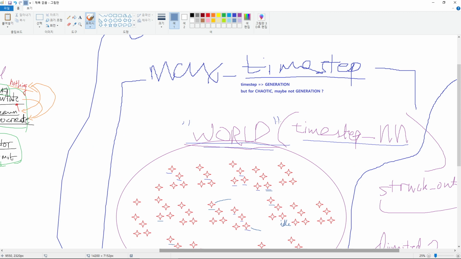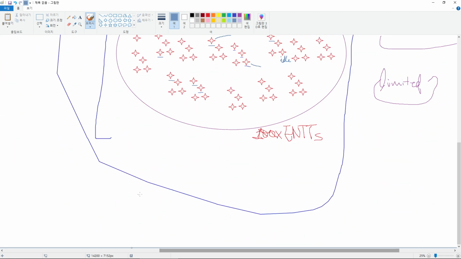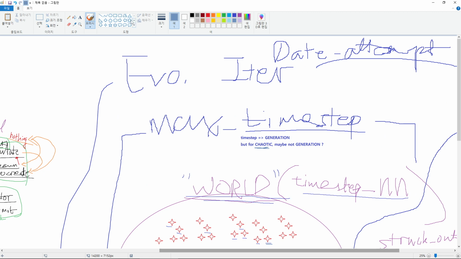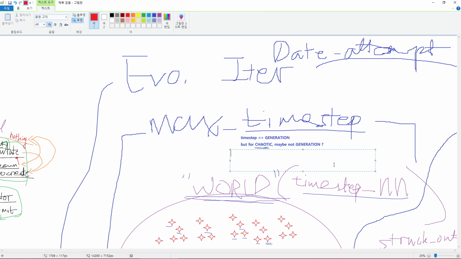I feel that I need to change the word when I'm doing the chaotic genetic algorithm. Replace the word generation with something like flop or blip.